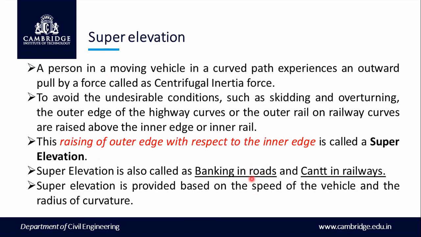In roads, super elevation can be called banking, and in railways it can be called cant. Super elevation is provided based on the speed of the vehicle and the radius of curvature. So the super elevation depends upon the speed of the vehicle and the radius of the curvature that you are taking up.